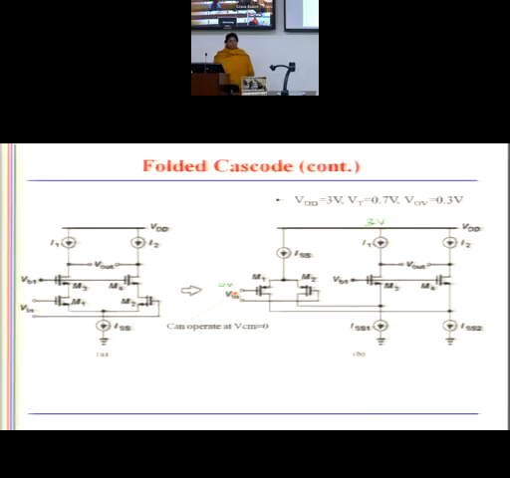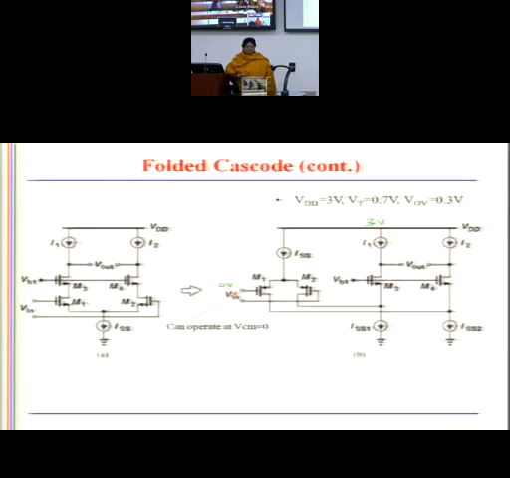Yes. What am I doing over here? A simple differential pair is shown, and you look at the next configuration. This is converted to this. What is this? What I am doing is that each arm is folded.